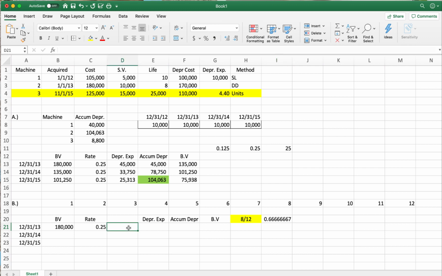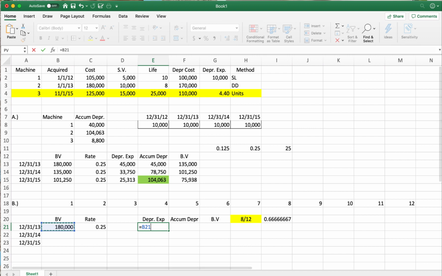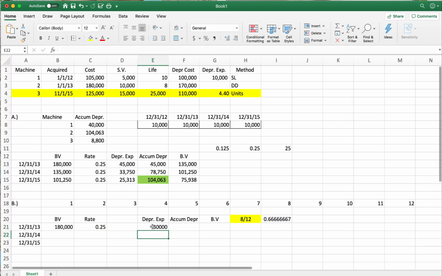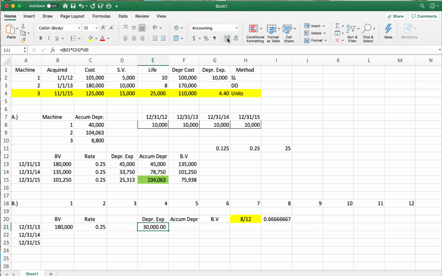So what I'm going to do to figure out my depreciation expense, I'm going to say equals my book value times my rate, but then I need to multiply that by my percentage of 8/12. My depreciation expense is $30,000.